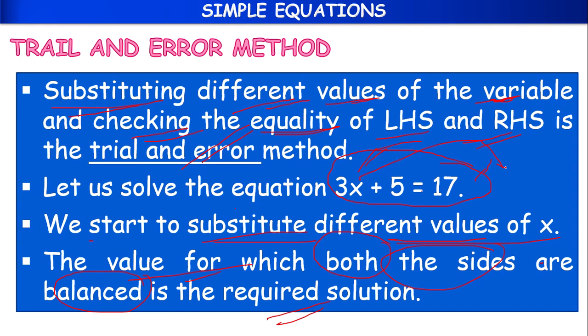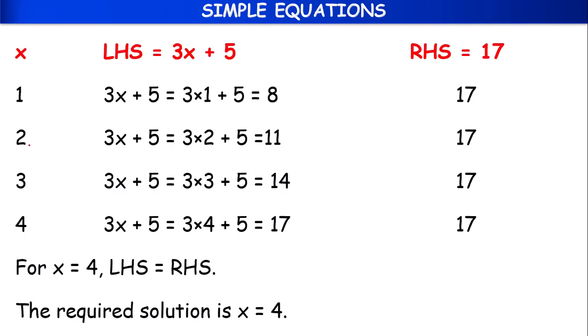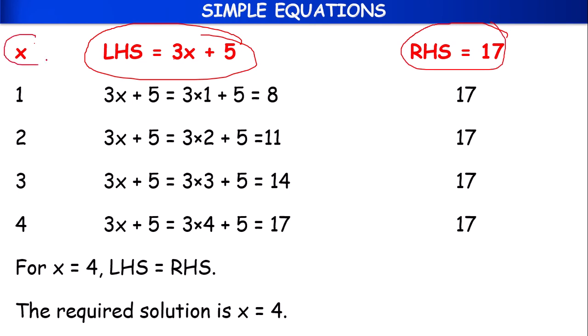The value of x for which both sides are balanced, that value is considered the required solution for the given equation. Suppose we have the equation LHS equal to 3x plus 5, RHS equal to 17, and the variable is x, in which we are going to substitute different values.